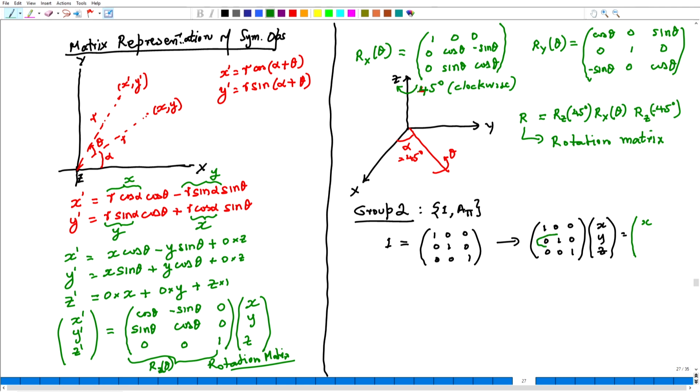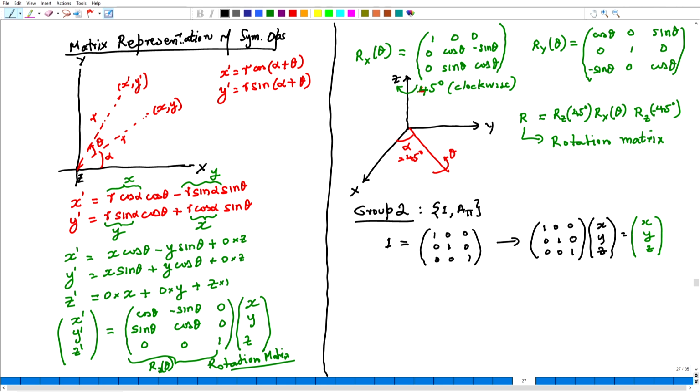Similarly, take the second row and this column, multiplying the corresponding elements, we get y. And finally, take the third row, multiply it into again the same column of x, y, z, and one would get z. So, as you can see, the x, y and z do not change on multiplying by the identity operation, and that is to be expected.